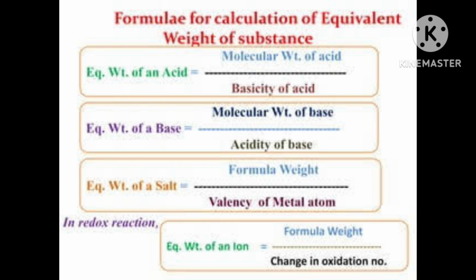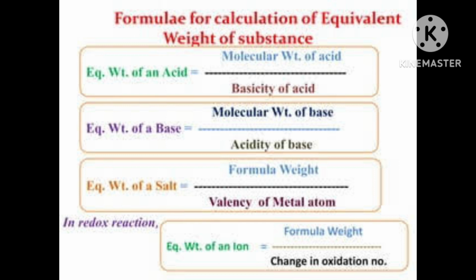Loss of electron is oxidation. Here, how many electrons is it losing? In the oxidation process, how many electrons is it losing? And in the reduction process, reverse of this, how many electrons is it taking?